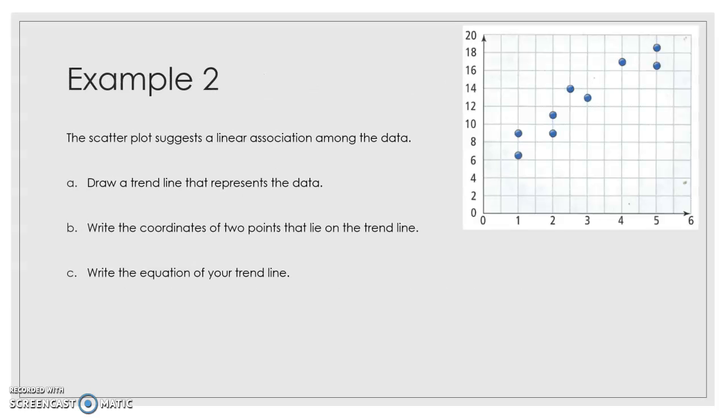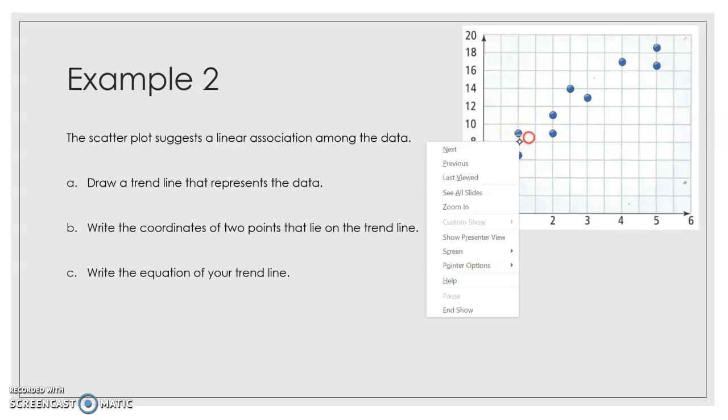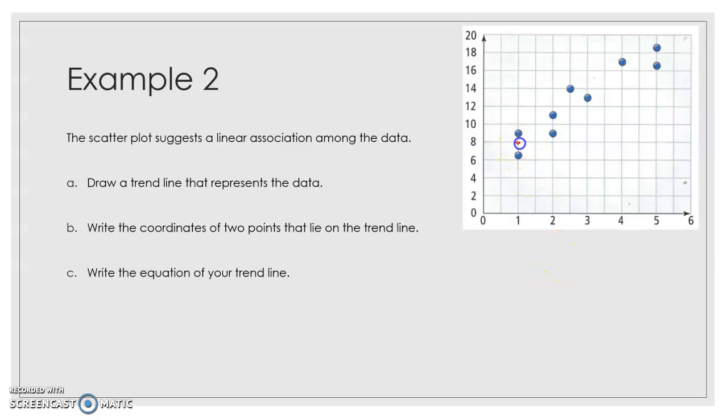So let's get moving and grooving on our last example. So our first thing that we want to do is draw a trend line, and I'm going to add me some points to help me with this. So the red points I'm adding are actually going to be the points I'm going to use, but because I am drawing on this nice little sketch pad, it's easier if I have more points to try to sketch through.